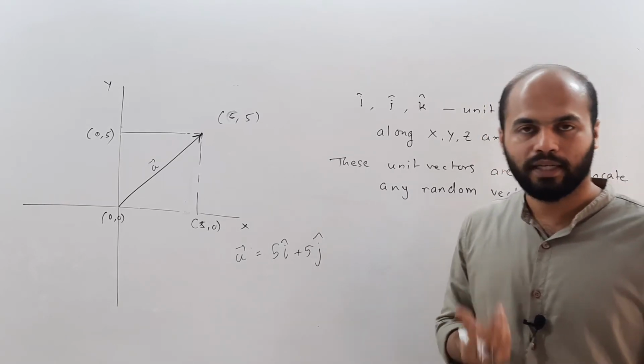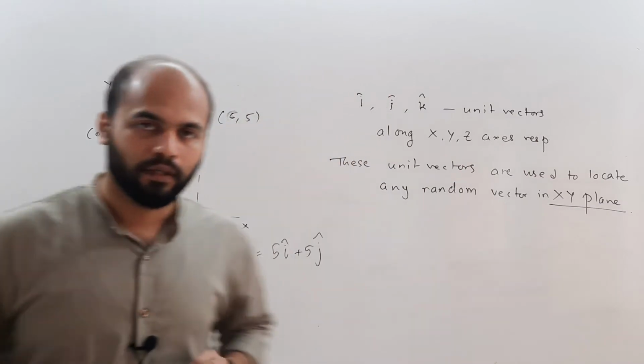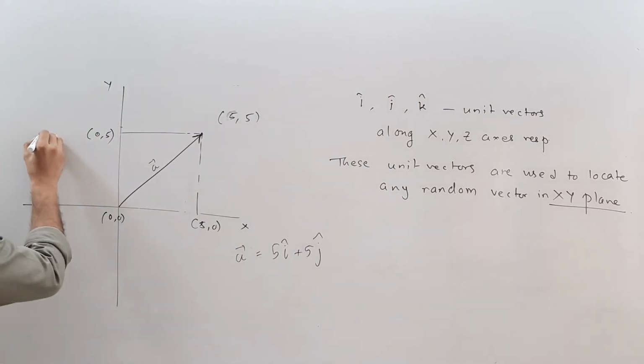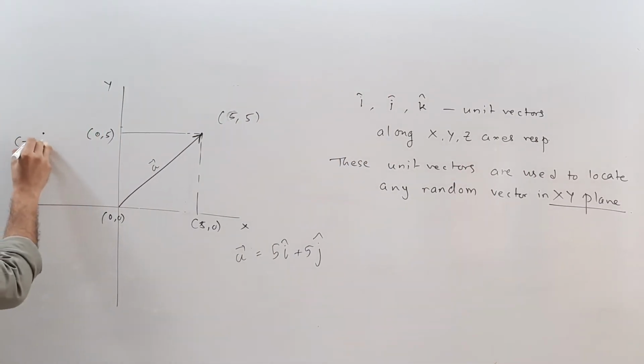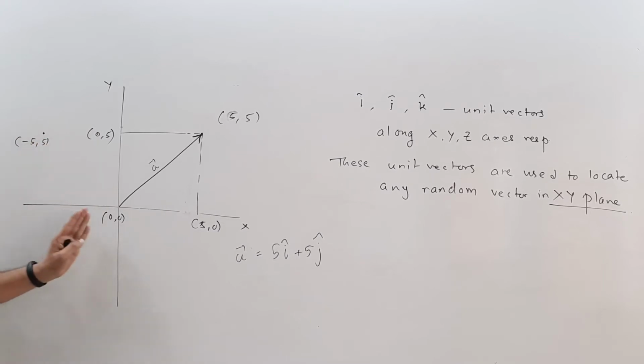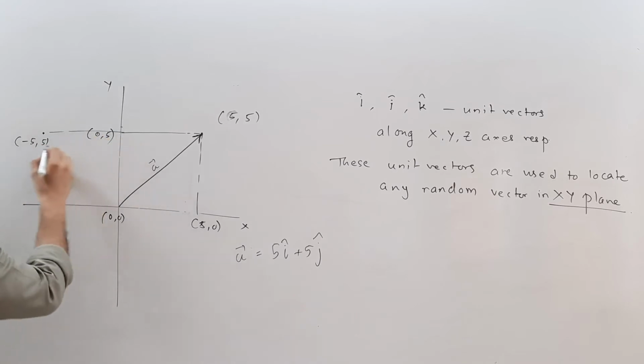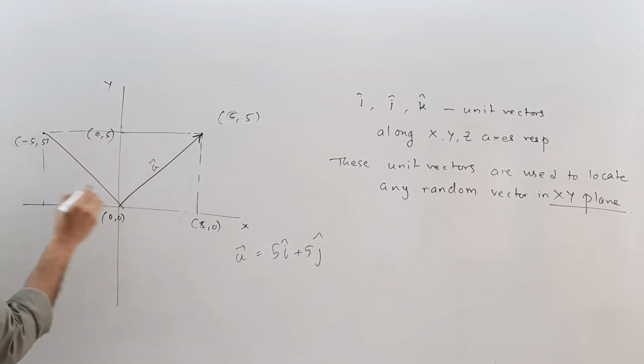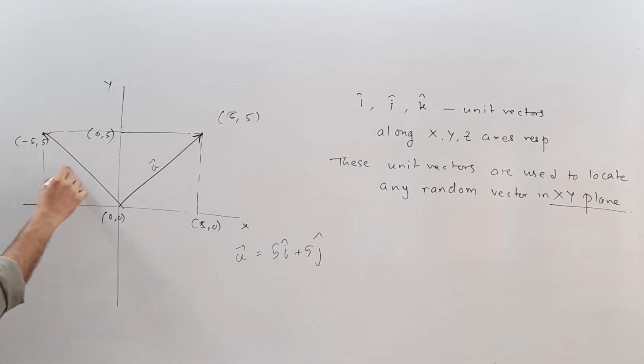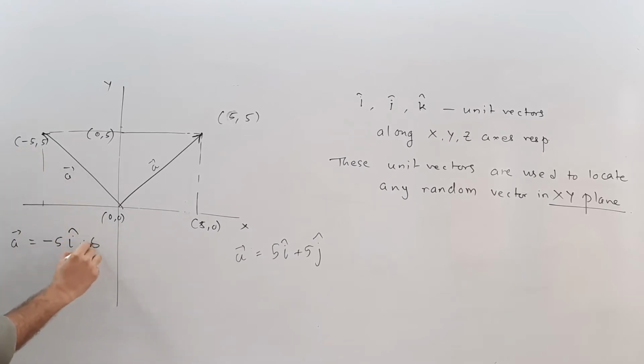Similarly, let's say we want to locate a point over here, that is minus 5 comma 5. This is minus 5 and this is 5. Then we can locate this vector as this, and now we'll call it a bar equals minus 5 i cap, because it is minus 5 units along x, and plus 5 j cap.